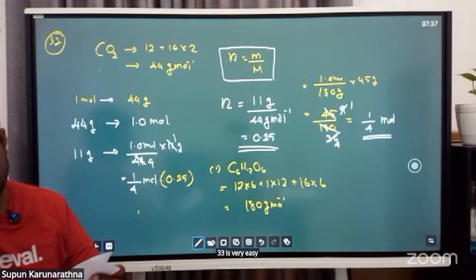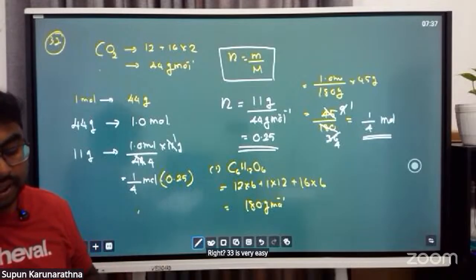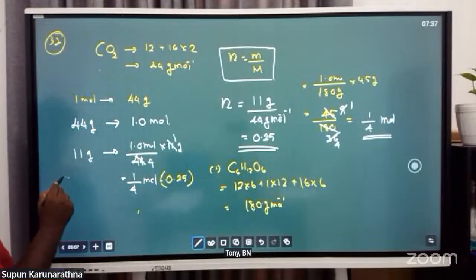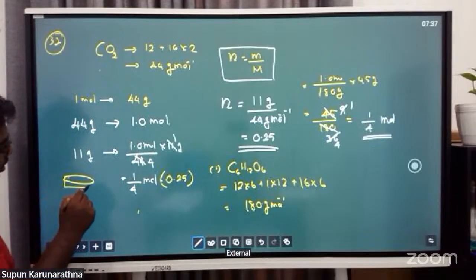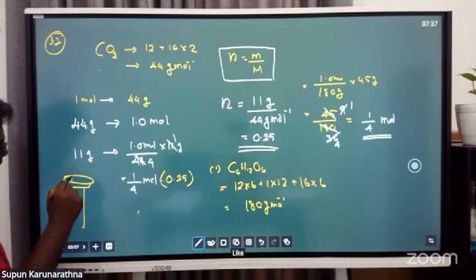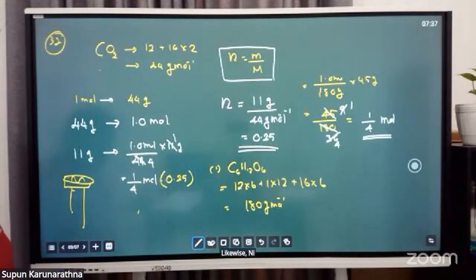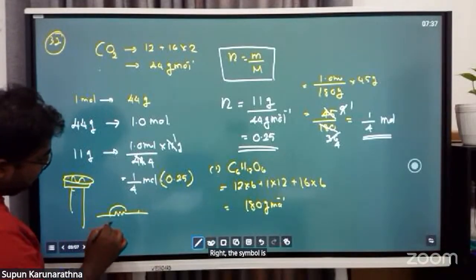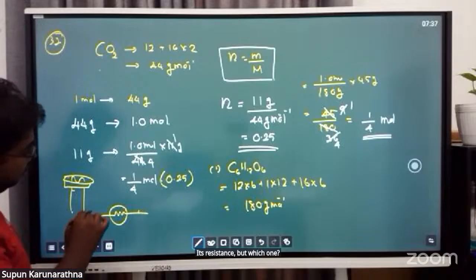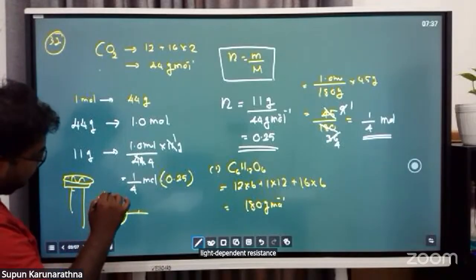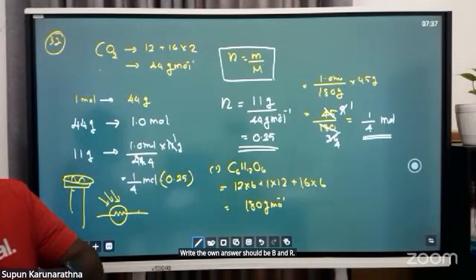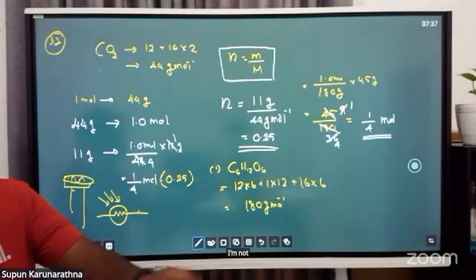The answer is number 2, B and R. The external appearance is likewise, and the symbol is for the resistance, light dependent resistance. The answer should be B and R. I'm not staying longer on this question.